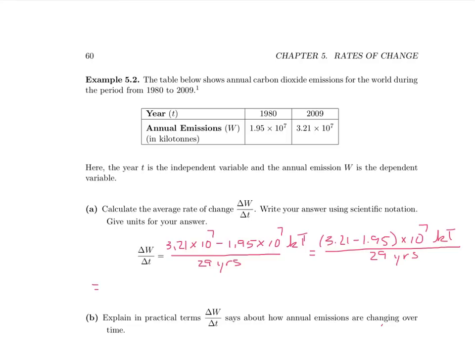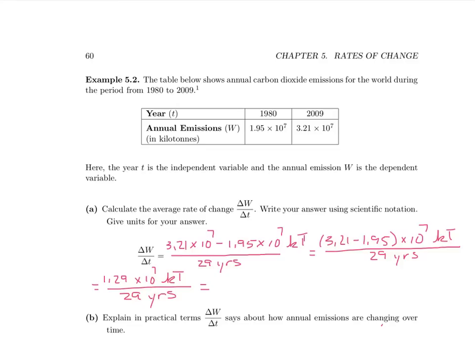So when I perform the subtraction in the numerator, I arrive at 1.26 times 10 to the 7 kilotons divided by 29 years. And now I'm going to go ahead and divide the 1.26 by the 29, and then I'll multiply my answer by the 10 to the 7.